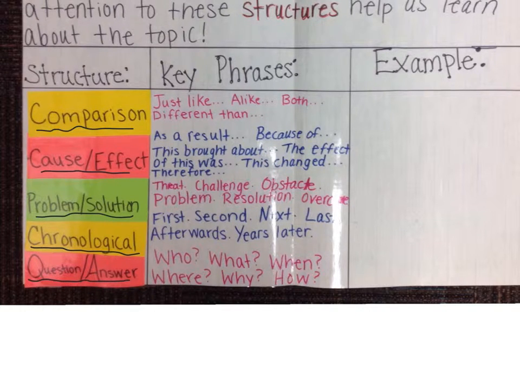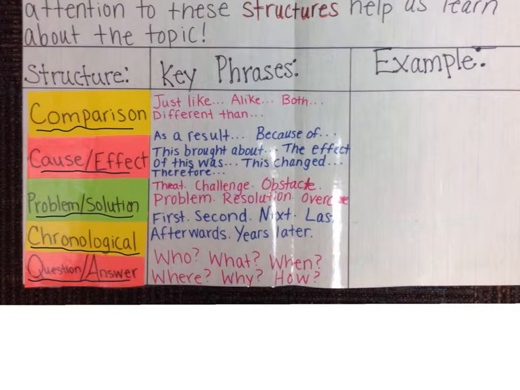If we're reading a text that has a problem and a solution, we might see words like threat, challenge, obstacle, problem, resolution, or overcome. If we're looking at something in chronological order or time order, we might see words like first, second, next, last, afterwards, or years later. And of course, with question and answer, we would see things like who, what, when, where, why, and how.